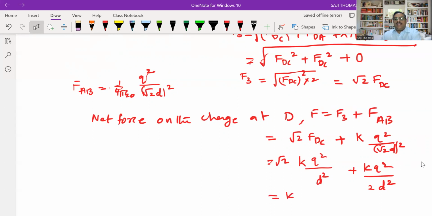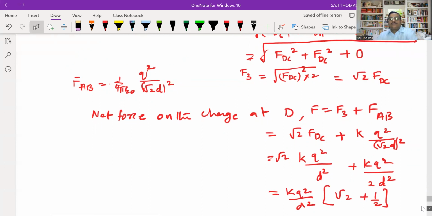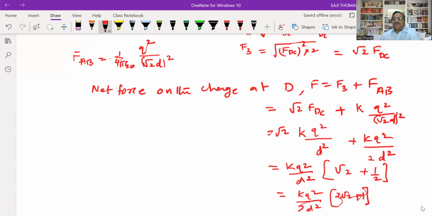So you can take k q square by d square common, into root 2 plus 1 by 2. If you simplify, k q square by d square into (2 root 2 plus 1) by 2. So this is the answer for the net force.